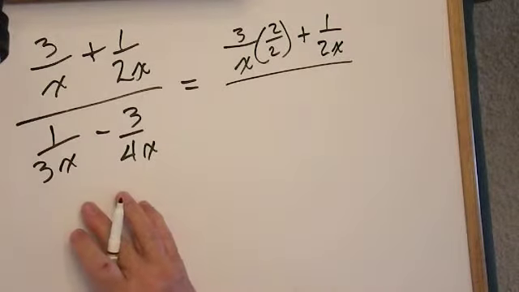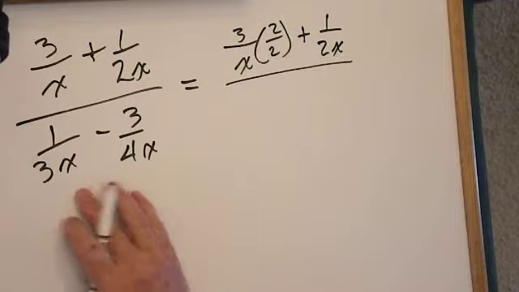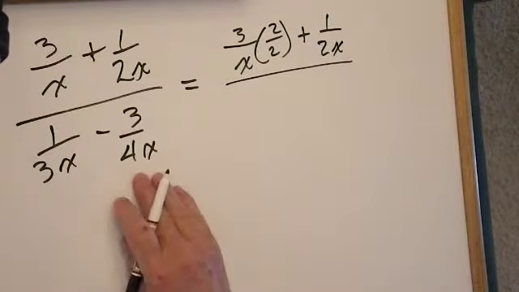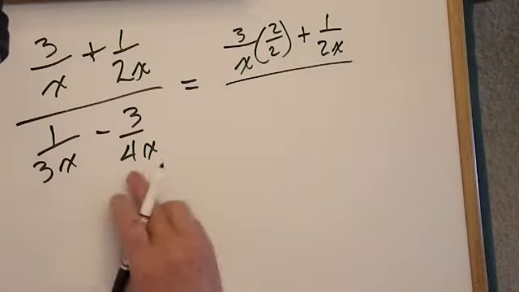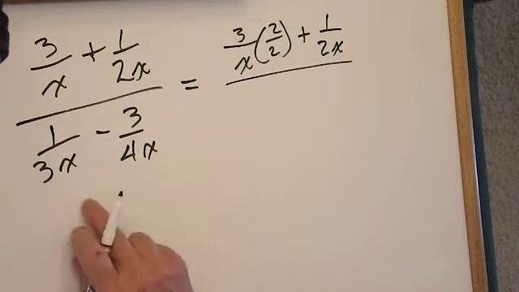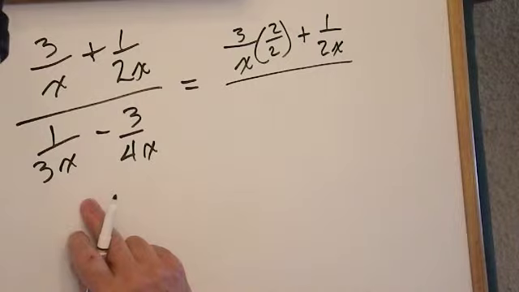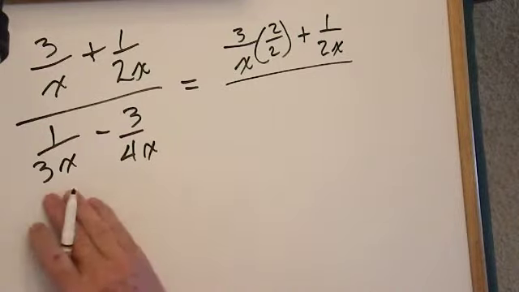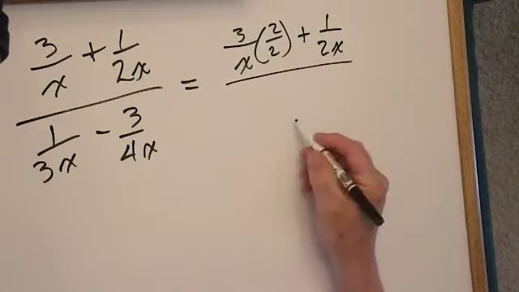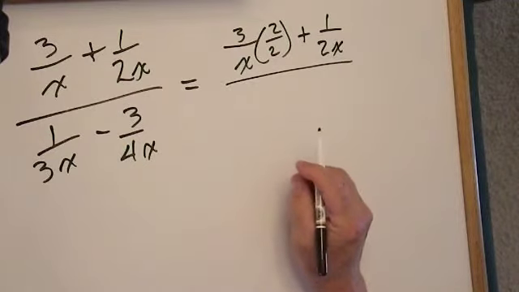Now down in the bottom here, I need the least common denominator for 3x and 4x. Well, the x part is common, so the least common denominator for the 3 and the 4 would be 12, the smallest number that both divide into. So I want to bring this to be 12x on the denominator part.